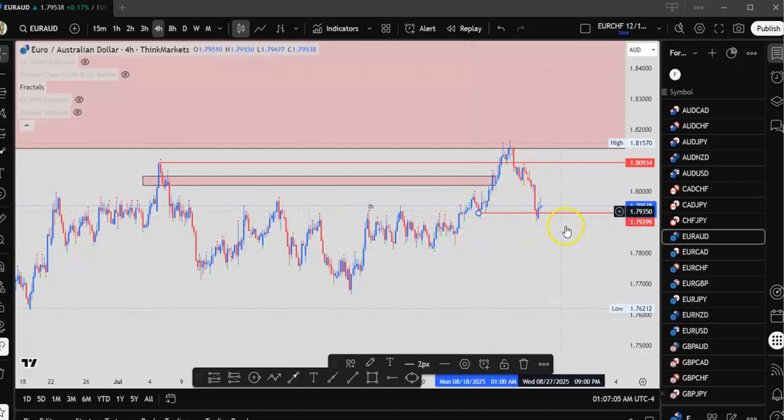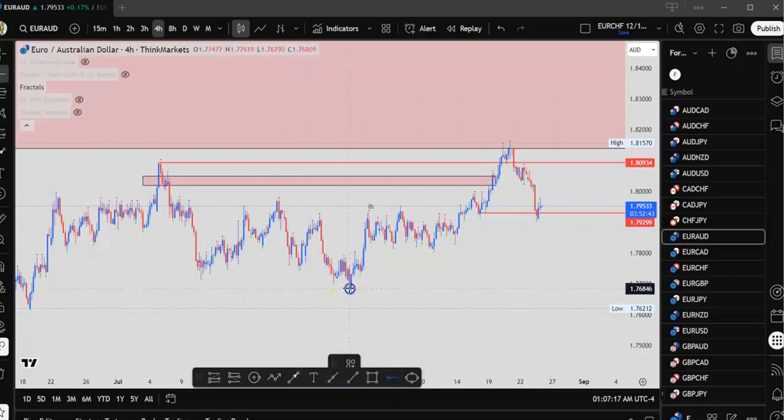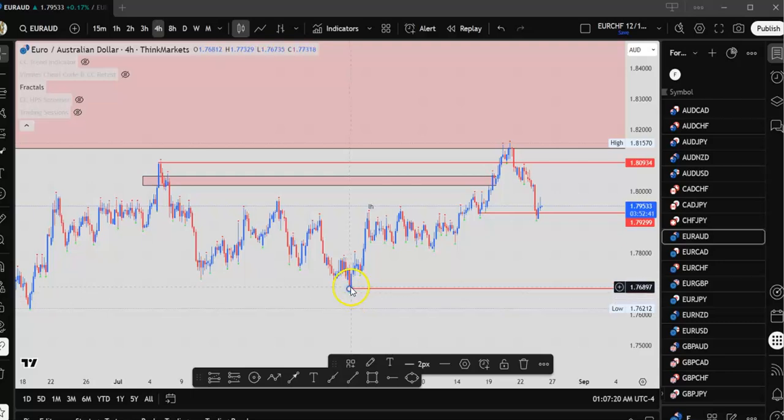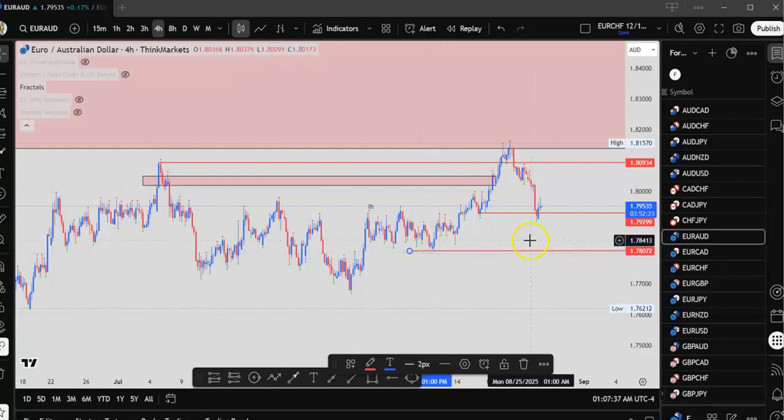There might be some variations, but to me, because it did not break below this area right here, this is not a bearish trend. It didn't break below this area, right? So to me, on the 4 hour, it's still bullish.